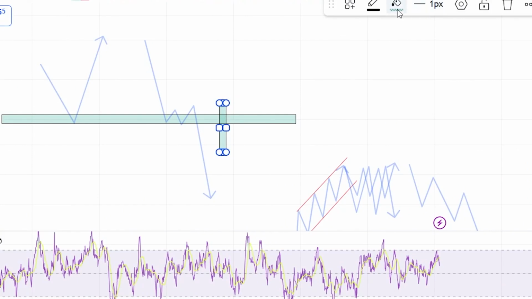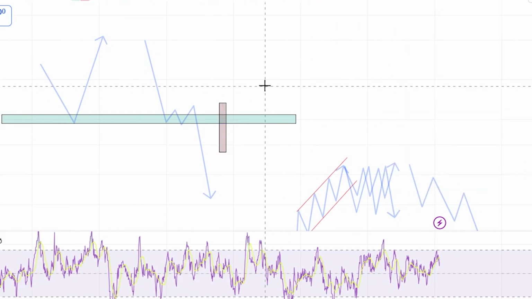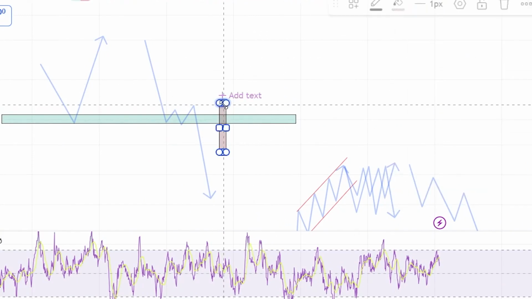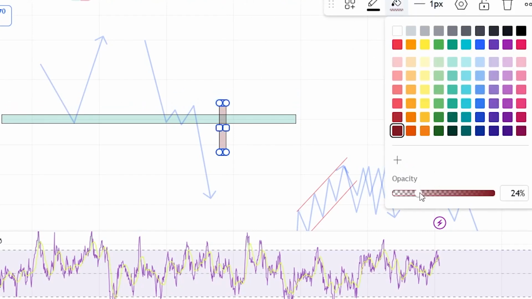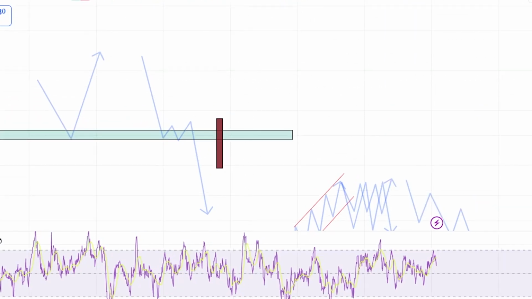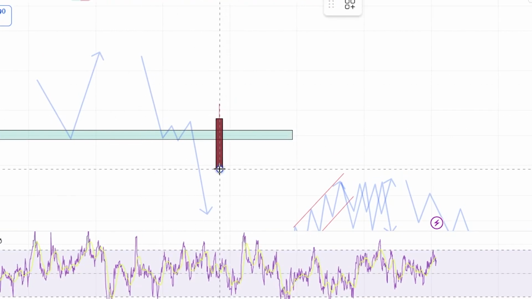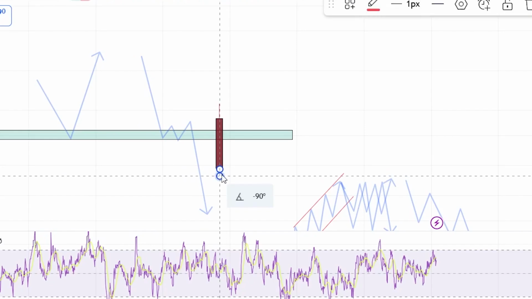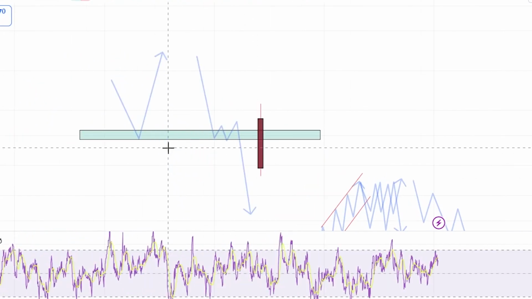I make it red, even more red, like this, and shadows, for example, like this.